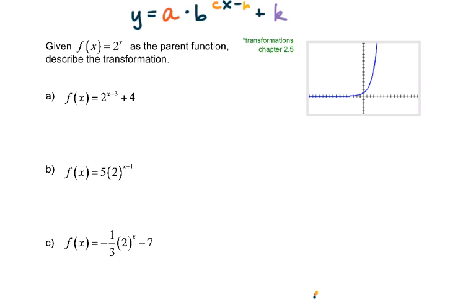Remember, any of these values that are included with x, they're going to behave the opposite of the way they look. And what I always say is I think like they're in jail with bad x because they're naughty, and the ones on the outside are free because they know how to behave. So the ones on the inside do the opposite of what we are going to expect them to do. So in example A, we have this minus 3 and a plus 4. And what are those values going to do? So the 3, it's going to cause it to shift, and it's going to go right.